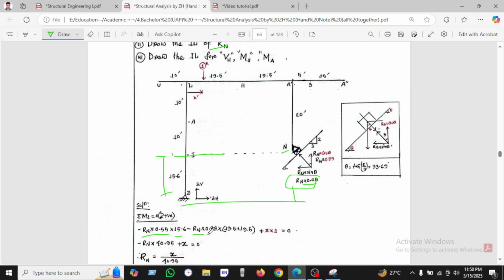And the vertical portion, Rn into 0.83, this vertical portion, and this distance will be 19.6.